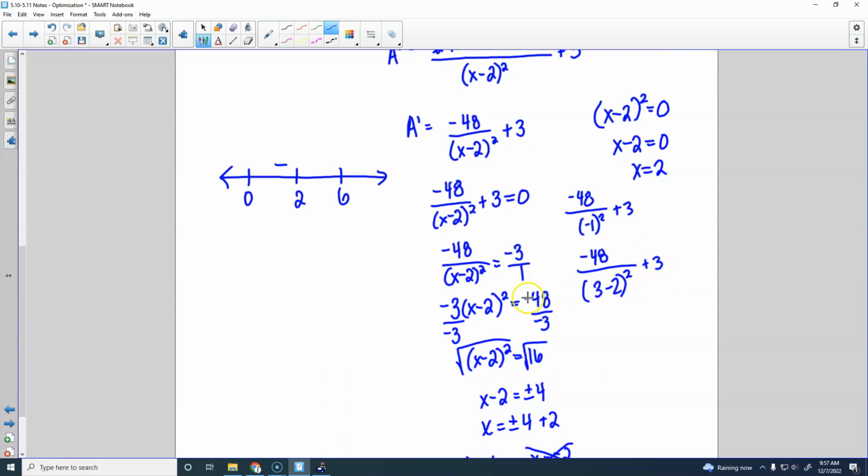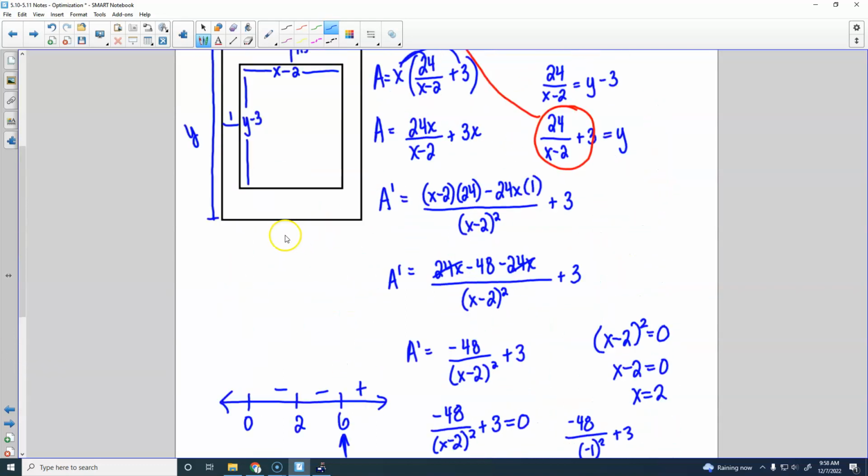I don't think so. So that's still negative. And then if I put something bigger, like 10, I get negative 48 over 64, plus 3. That's going to be positive. So, relative minimum right here. So we've got 6 inches for our x.